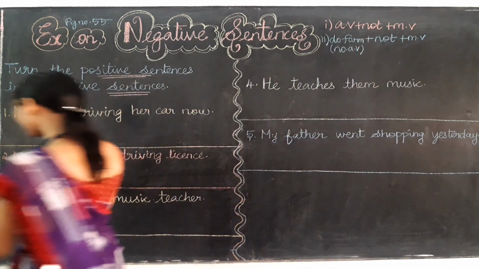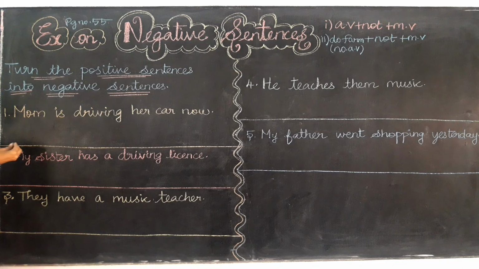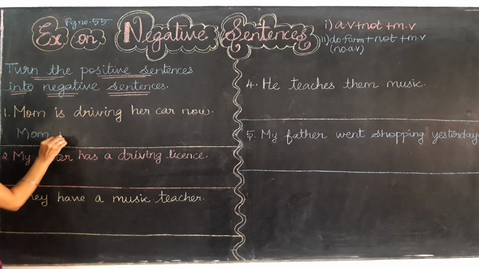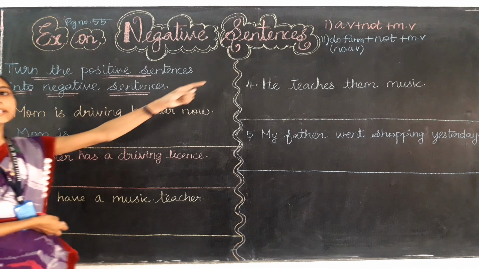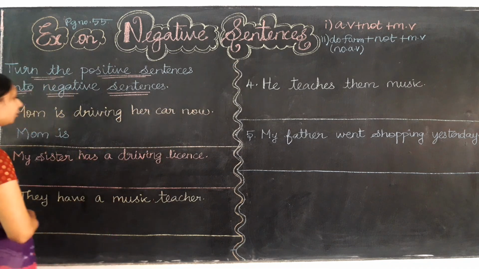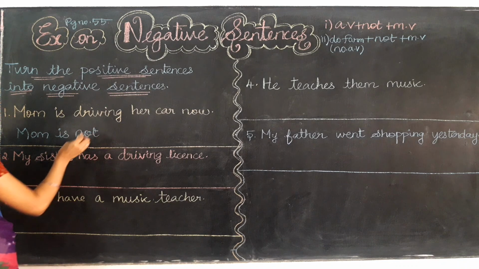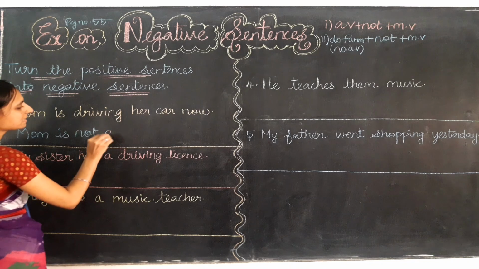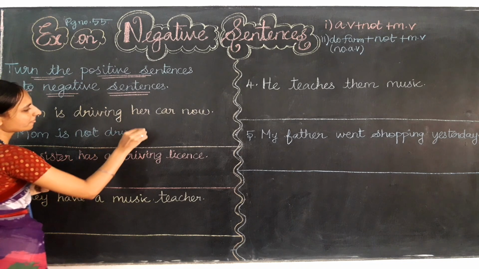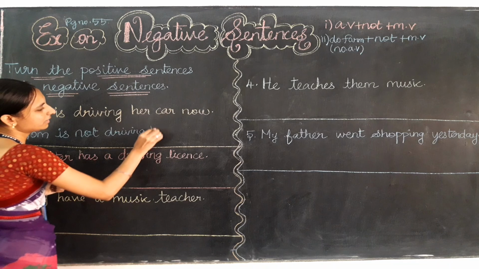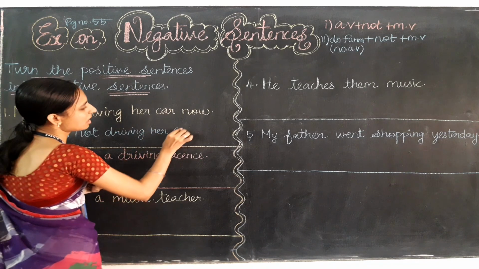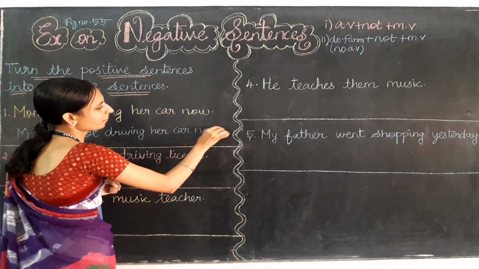So let's do it. I am going to write the answer. Mom is the subject, it will come as it is. Then I need to write the auxiliary verb. After writing the auxiliary verb, what do I need to write? Yes, not, N-O-T, not. Then the main verb as it is, driving her car now.